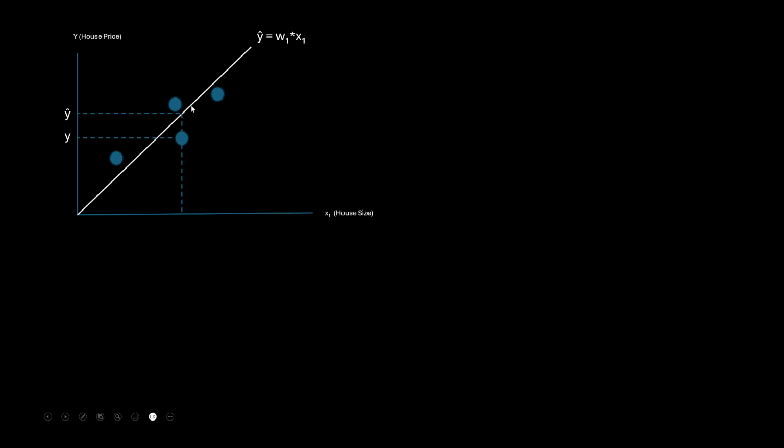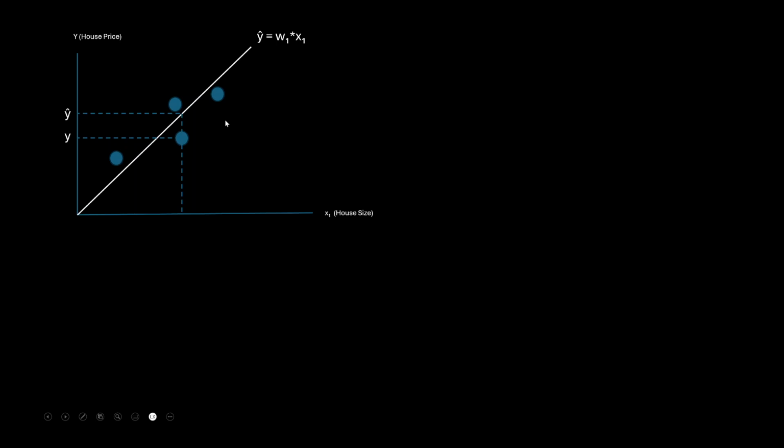However, the line has a different value for the house price because it's really an approximation for the house price. And the approximation from this line for this data point is y hat, to really distinguish it from the actual value.